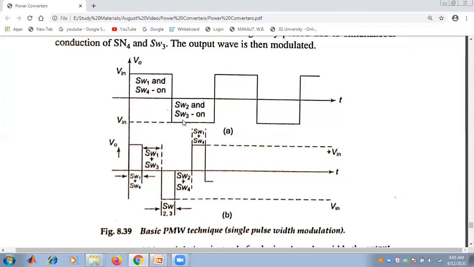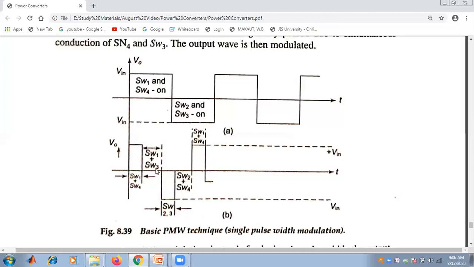If I see the B portion, that is the second part of the graph, switch 3 is turned on earlier, meaning switch 4 is off and switch 3 is turned on before the schedule.